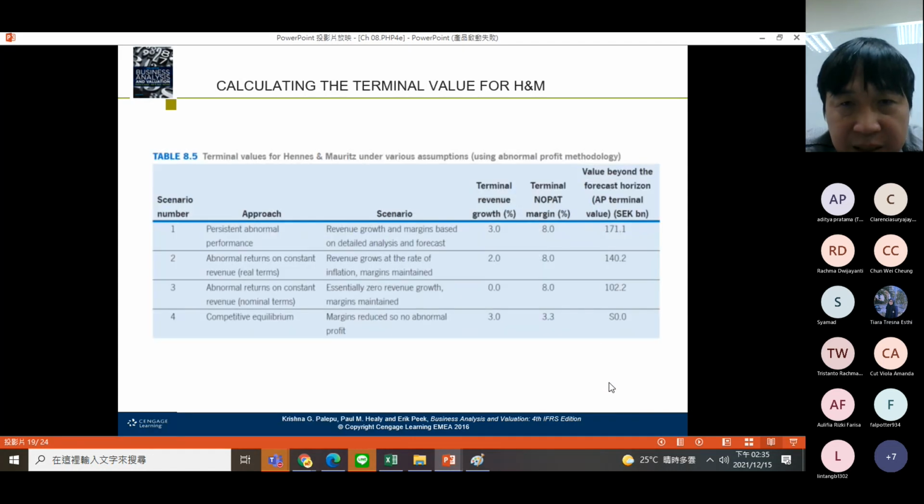Okay, this one is calculating the terminal value for HMN. So this one is by formula.